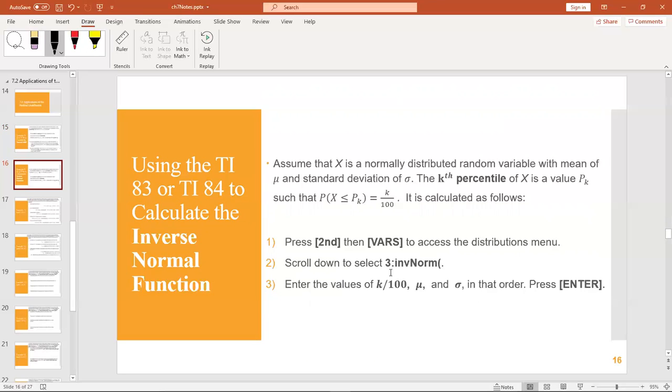The function to do that is inverse normal. You have to type in the percentile, k over 100. So again, 80th percentile is 80 over 100. Tell it the mean, tell it the standard deviation, and then have the calculator do its magic. It'll tell you what you're looking for.